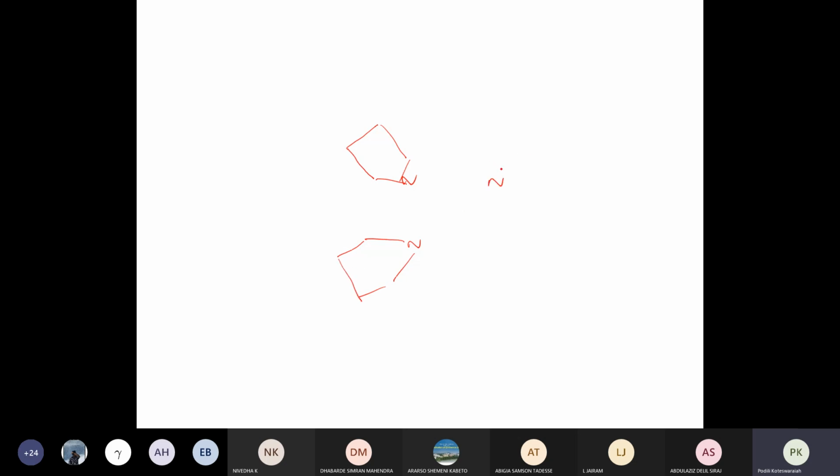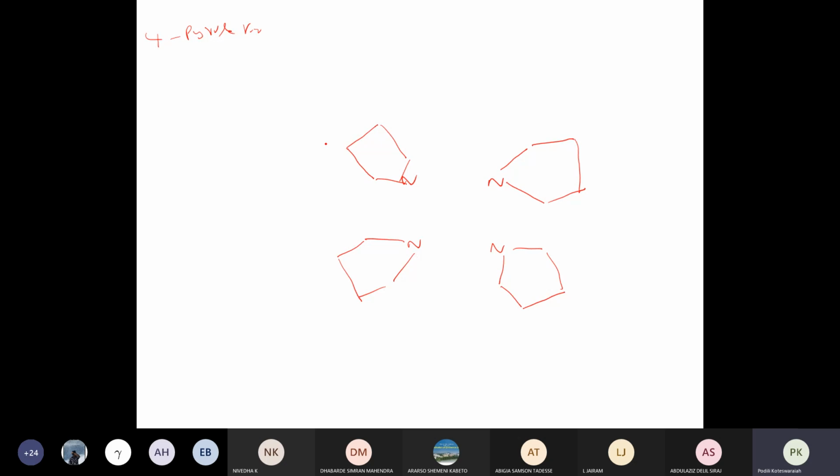This is only the cartoon diagram. Third pyrrole ring. This is fourth pyrrole ring. So that means it has four pyrrole rings, and of course we have not placed double bonds. This we will place later.